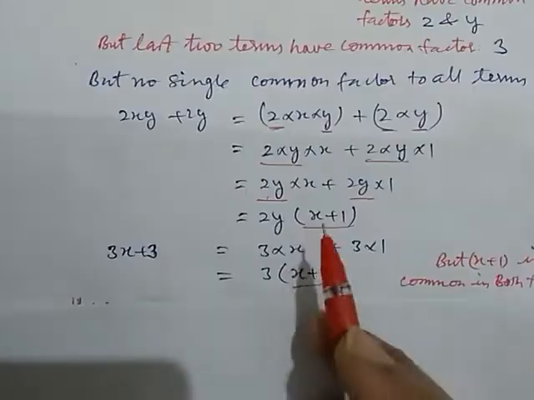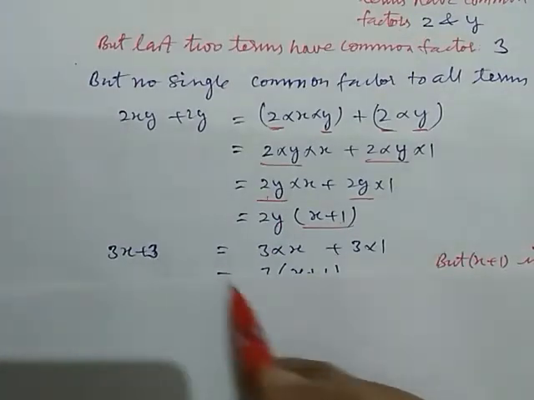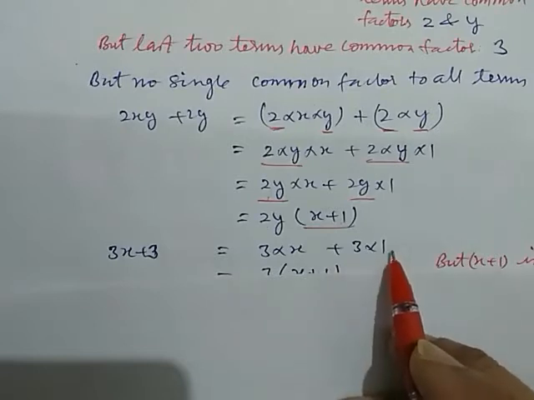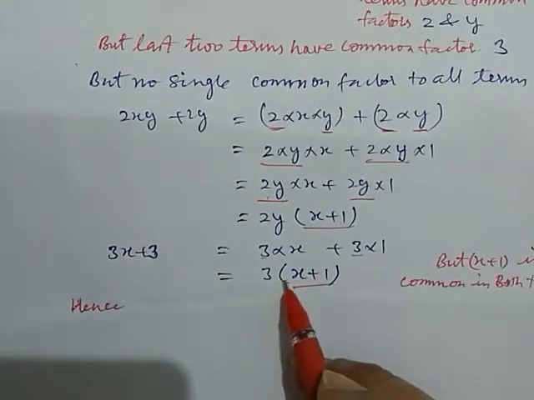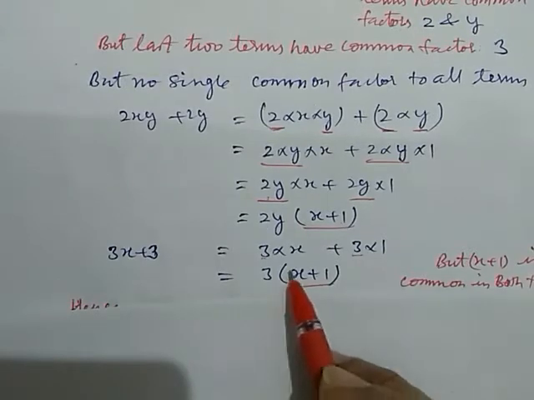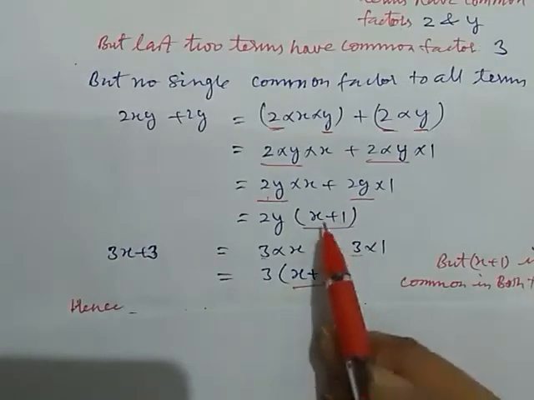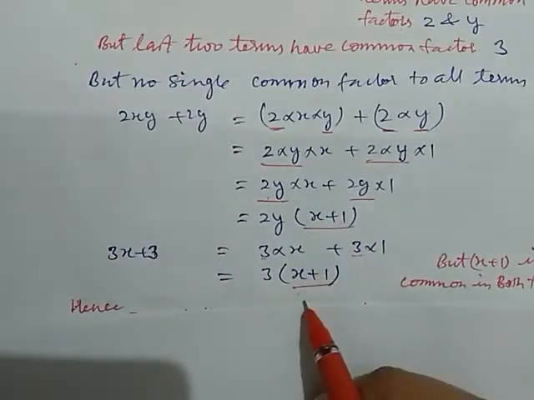Now we take the other group. Here 3x plus 3 can be written as 3 into x plus 3 into 1. So here 3 is common, so we take 3 common and we can write 3 into x plus 1. But x plus 1 is common in both terms. Here this term and this term have a common term x plus 1.